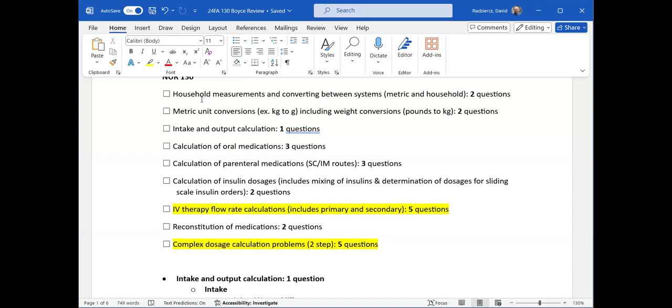And then your metric conversions typically are just converting from kilograms. Well, again, not really a good example, kilograms to grams. I know that's in there as the example, but a better example is milligrams to grams, micrograms to milligrams. That's the type of conversions you'll be doing.